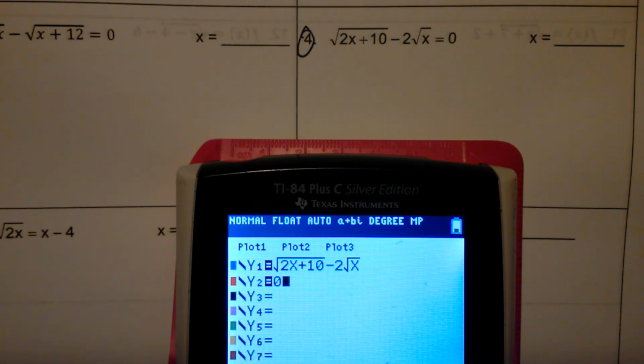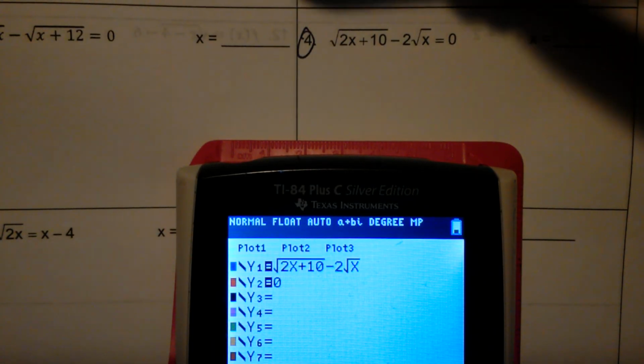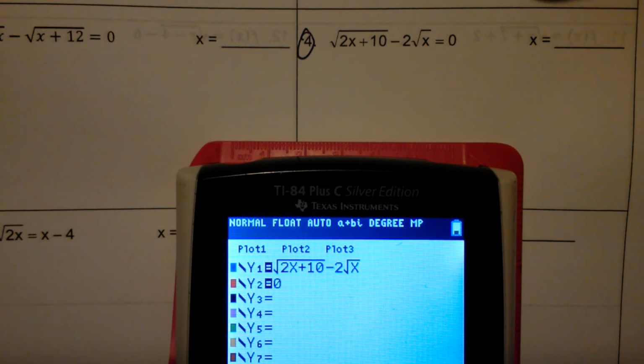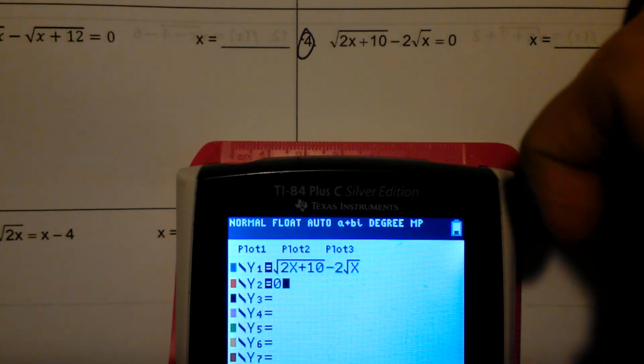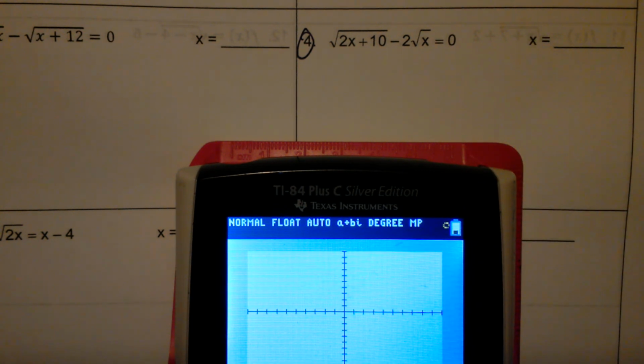So I'm looking at number 4. Put the whole left side in y1, the right side in y2. I'm going to graph. So yeah, I crossed at least once, and it looks like it's about 5.